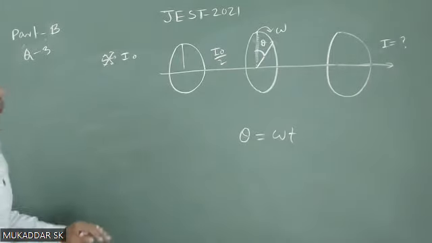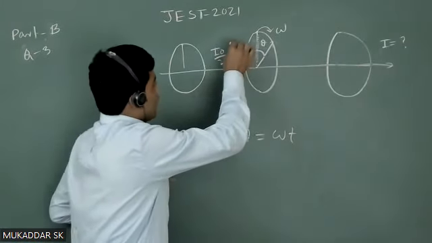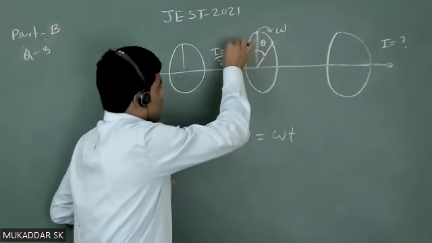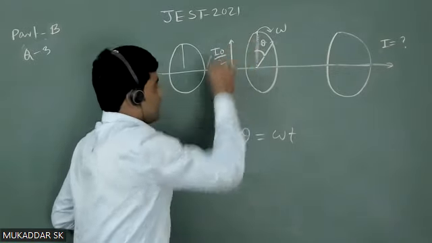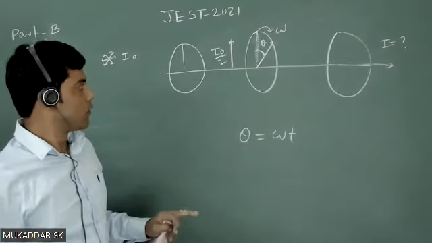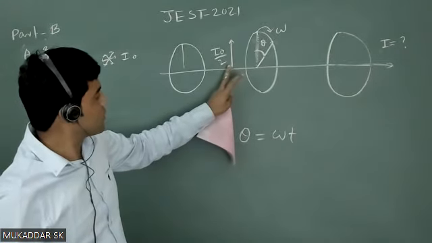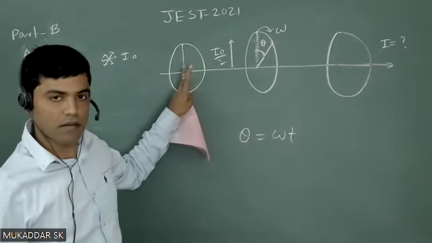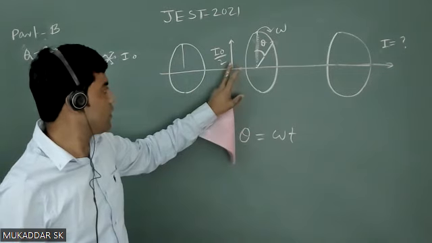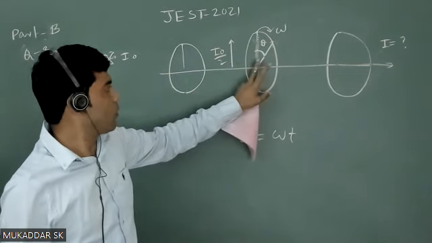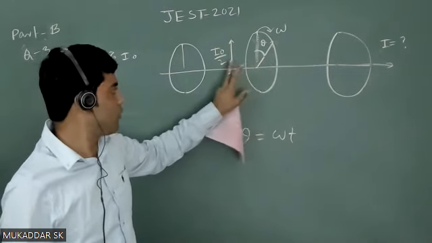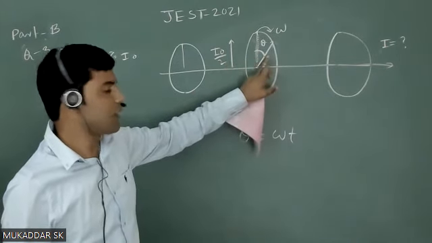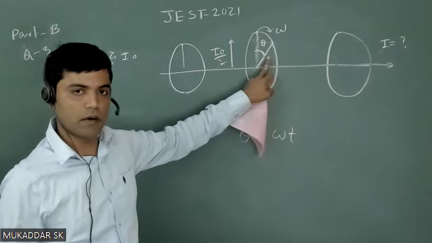And of course, the oscillation of the electric field of this light will be along the pass axis of the first polarizer. So the electric field of this incident ray on the second polarizer makes angle theta with respect to the pass axis of this polarizer.